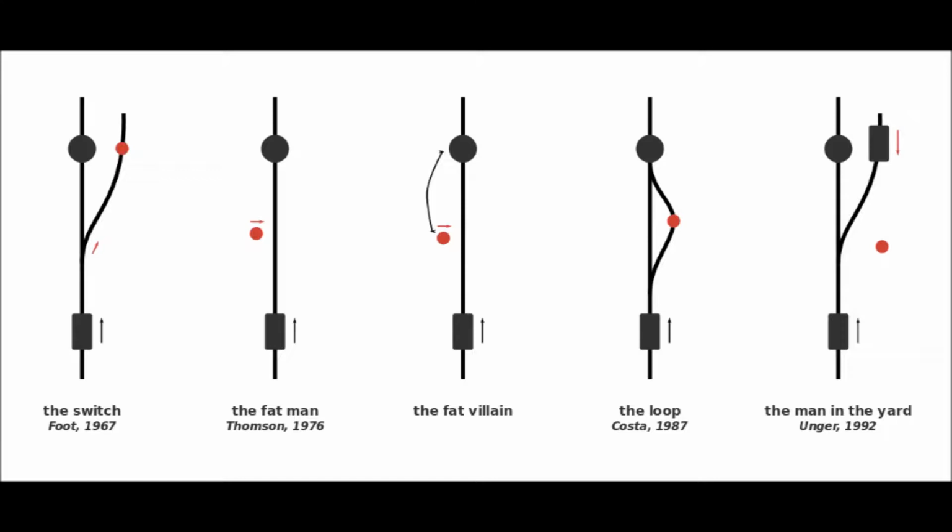That is the overall dilemma for all 5 of these. Are you going to prioritize the morality of saving as many people as possible in exchange for killing one person? Is it really worth it to do that?